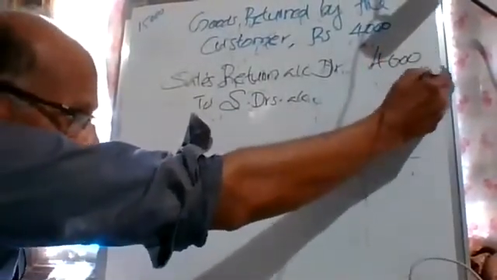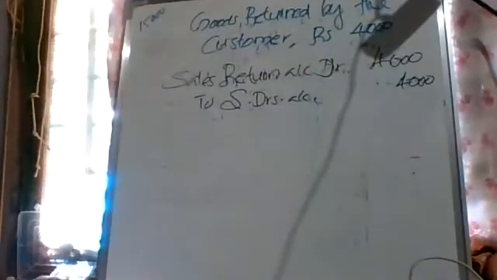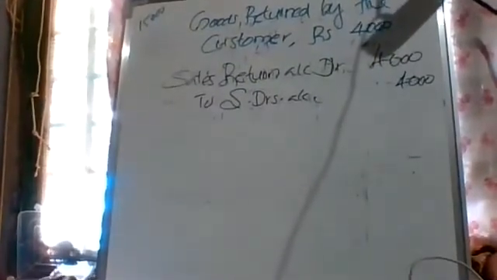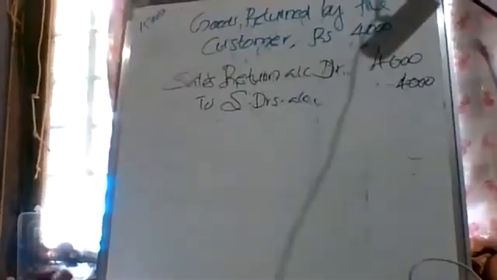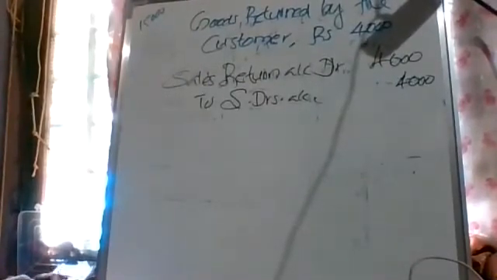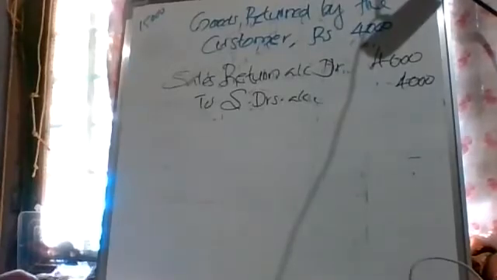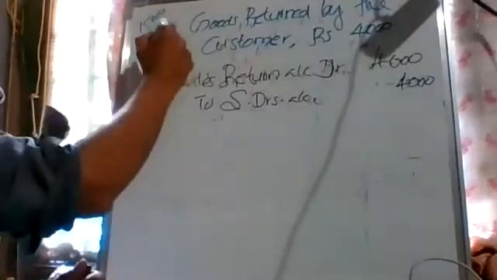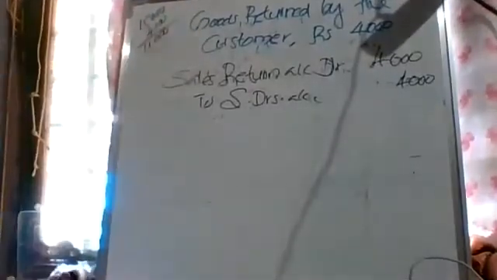When the goods are returned by the customer, is the amount receivable from the customer increasing or decreasing, children? Decreasing, sir. Yes. So, parallel record. 15,000 plus 4,000 or minus 4,000? What is your answer? Minus 4,000. 15 minus 4, how much? 11,000.